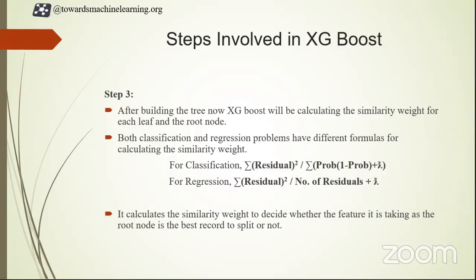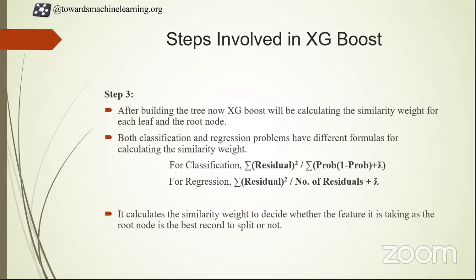So why does XGBoost calculate the similarity weight? XGBoost calculates the similarity weight in order to decide whether the feature, as we have a number of features with us, is the best feature among all, the best to split.